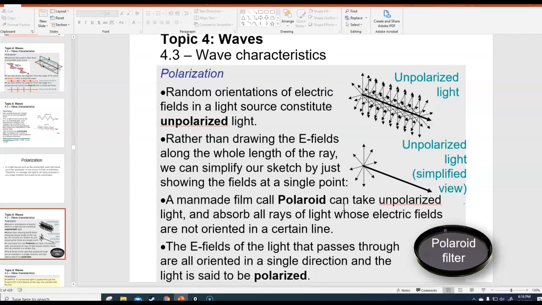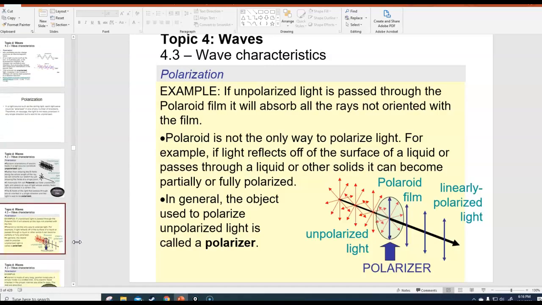Light that comes through this filter is all oscillating in the same direction, in the same plane, and therefore is said to be polarized. Specifically, the electric field components of those electromagnetic waves are all oscillating in the same direction. Remember, when we talk about polarization, we're mainly talking about the electric field being polarized. So you can imagine it like a filter, where if you have unpolarized light come into the filter, anything that comes out the other side is automatically polarized in a certain direction.